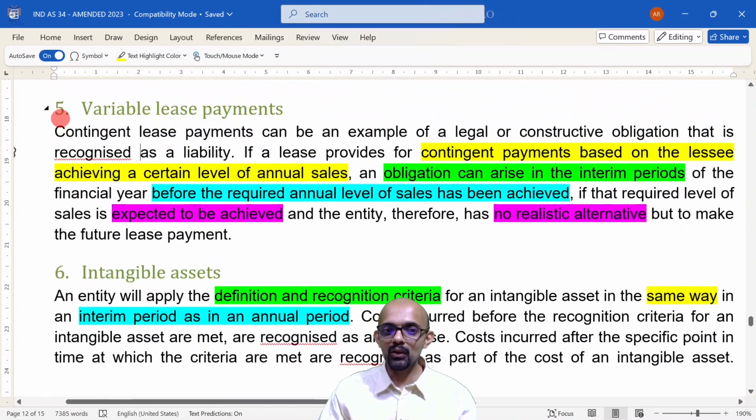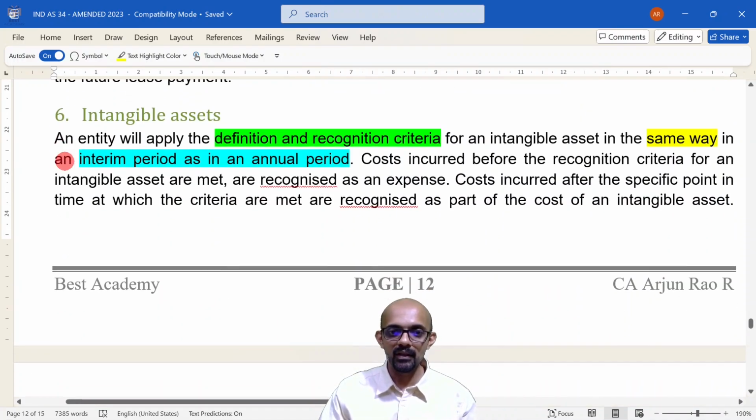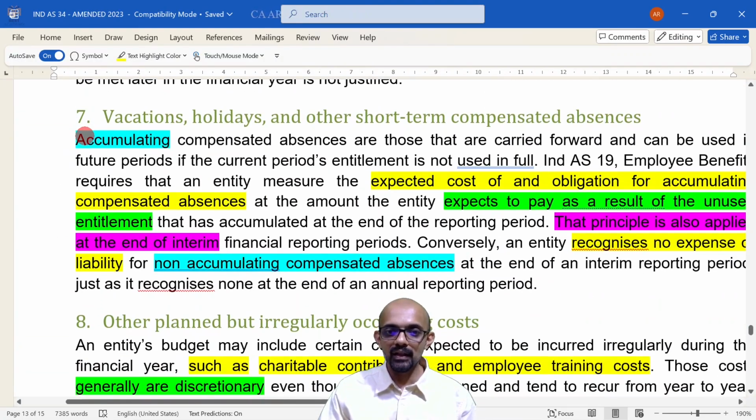So this can also be grouped in the category of income tax expense, payroll tax. Anything which is assessed on an annual basis, you have to estimate that rate. Intangible assets, definition and recognition criteria same as annual. Then vacations, holidays and other short term compensated absences.